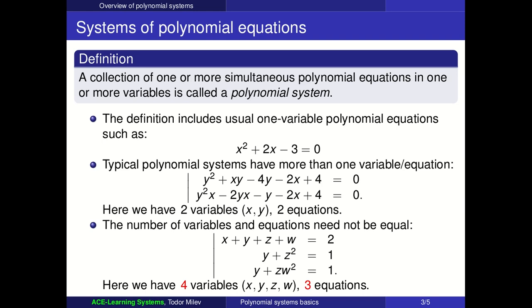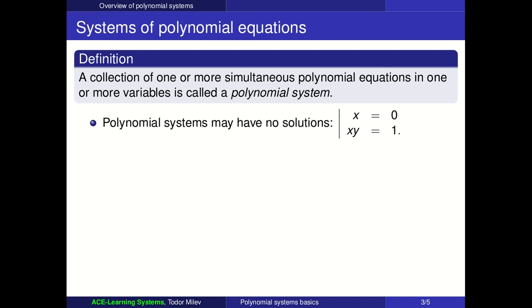So the variables would be x, y, z, and w, and the equations are only three. So it is possible to have that the number of variables is different from the number of equations. It is also possible to have it the other way around. It is possible to have more equations than we have variables.